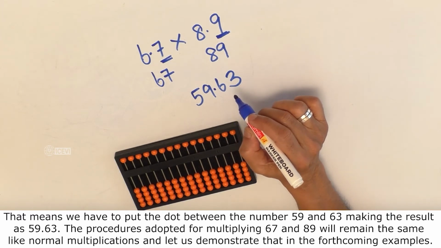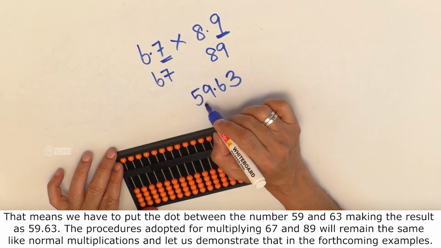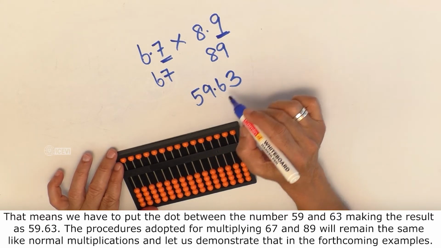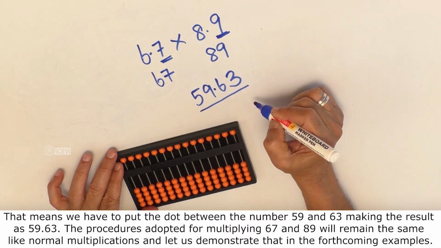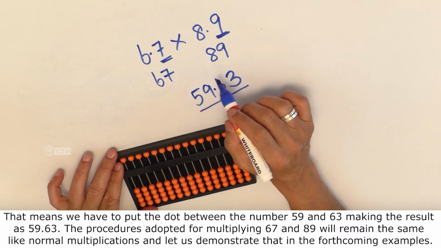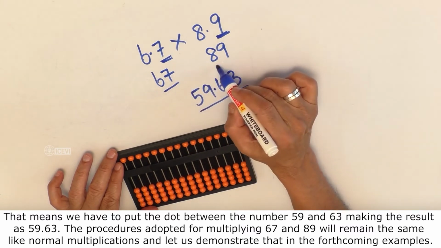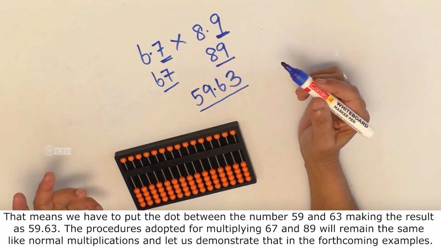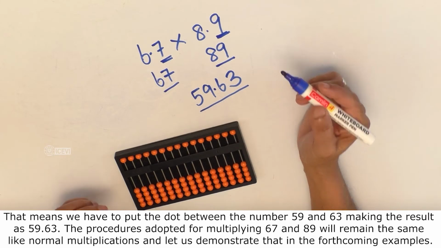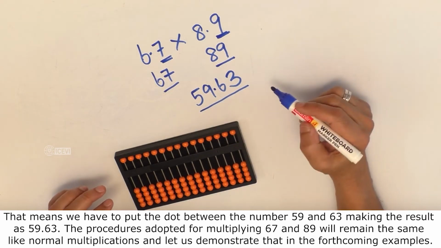That means we have to put the dot between the number 59 and 63, making the result as 59.63. The procedures adapted for multiplying 67 and 89 will remain the same like the normal multiplications, and let us demonstrate that in the forthcoming examples.